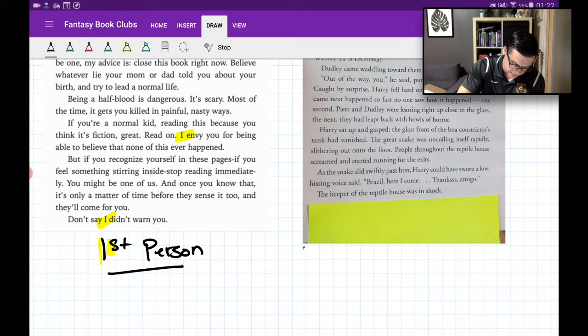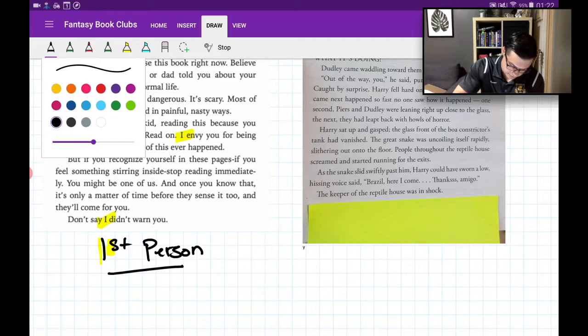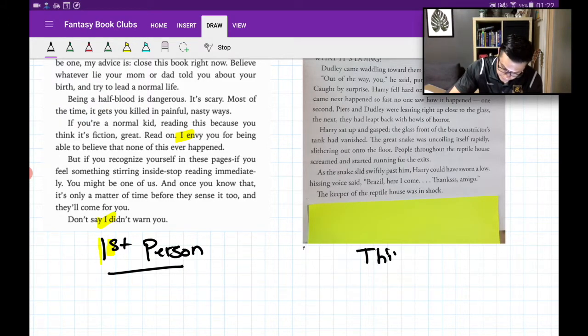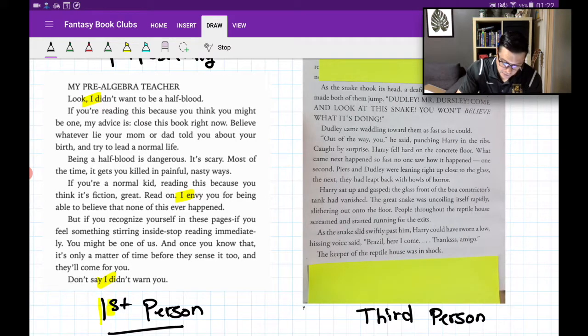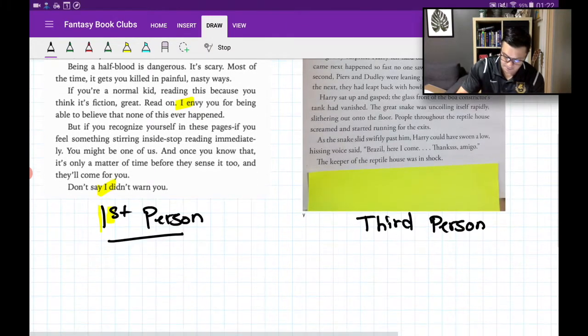And this is called third person point of view. And if you look through there, it's almost like the person telling the story knows everything, and they are telling us the story kind of step by step as it happens.